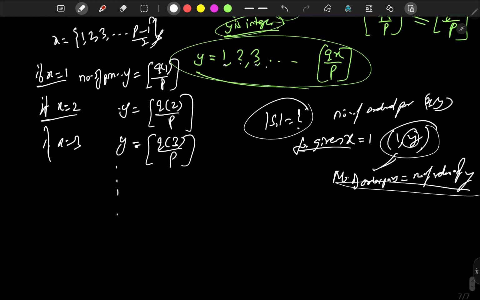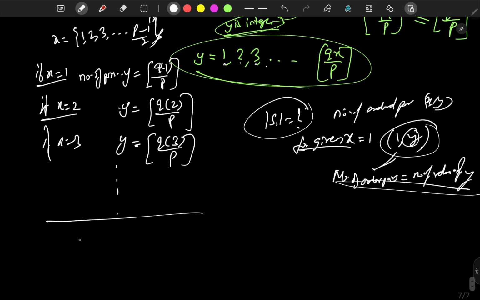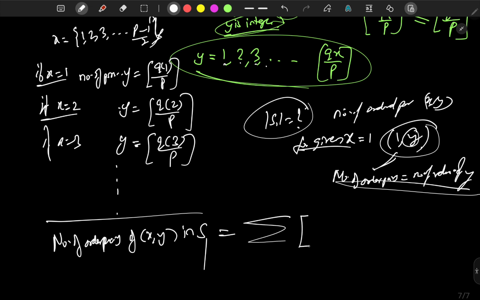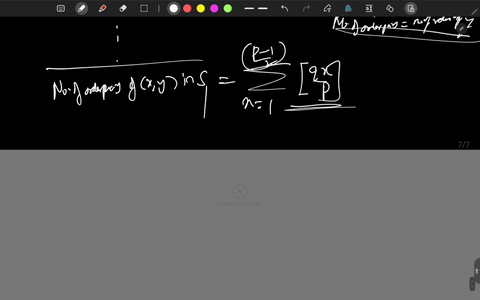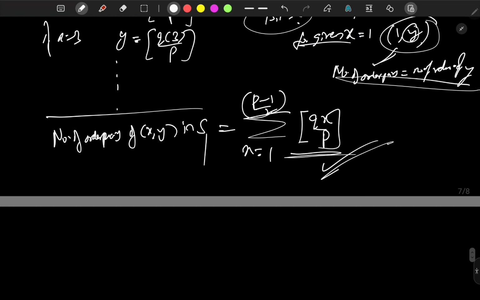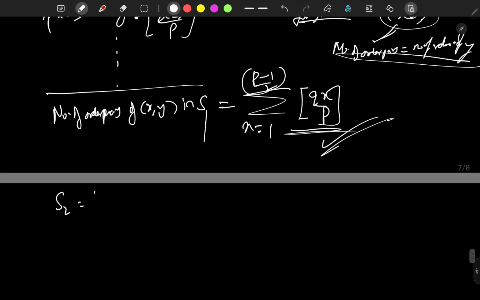Therefore the number of ordered pairs x, y in S1 equals the sum of floor of qx/p, where x equals 1 to (p-1)/2. Similarly, we know that S2 is qx less than py.